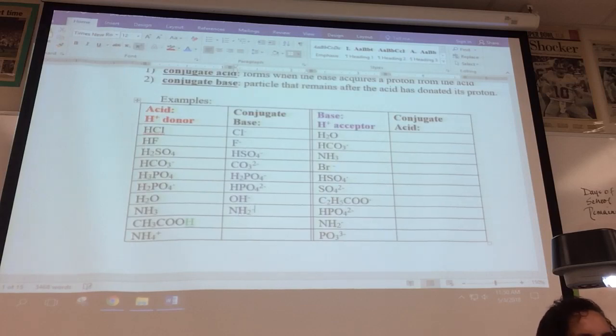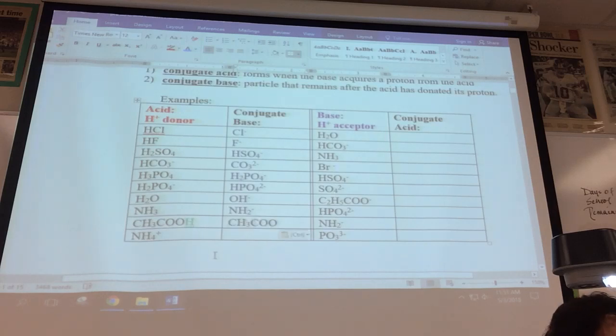Because we're going to be donating, you're going to get rid of one proton in each case. This is acetic or ethanoic acid. That COOH group I introduced you to when you did your drawings early on. You'll be very grateful for that if you do any type of advanced chem. In this particular instance, the ionizable proton, that is the one that will be donated, is the H attached on that COOH group.